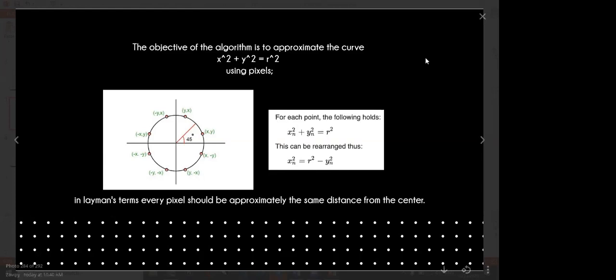Moving on. The formula is, you can see over here, where you can use formulas for each point, and this can be arranged as the result. In terms of pixels, the line span should be approximate to the distance from the center, right?